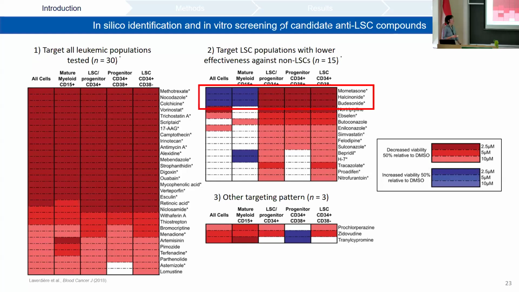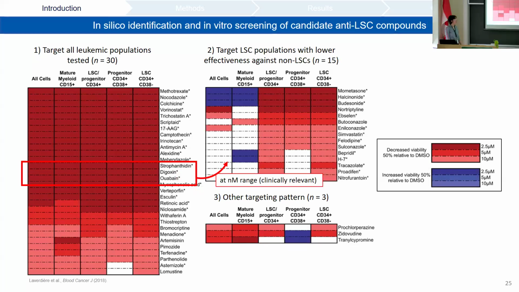The first one being the glucocorticoids, especially mometasone and budesonide. And the second one being some cardiac glycosides. The reason why we identified these is that they retested them at the nanomolar range, which is their therapeutic window, and they reclassified the cardiac glycosides digoxin and ouabain into the second category.